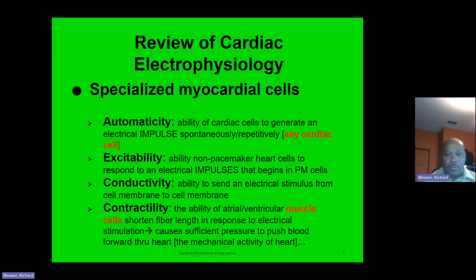It does it on its own. Cardiac cells have the innate ability to generate electrical impulses spontaneously and rhythmically. See, the drummer is just doing their thing on the drum, just beating, and nothing is telling them what to do. They're just beating. Any of your cells have the ability to do that.